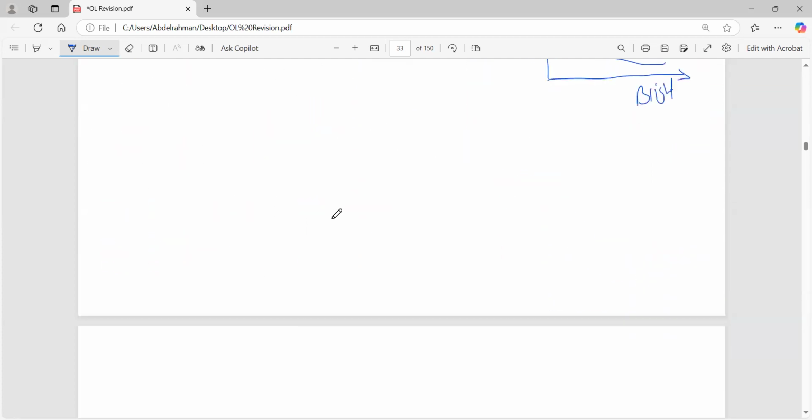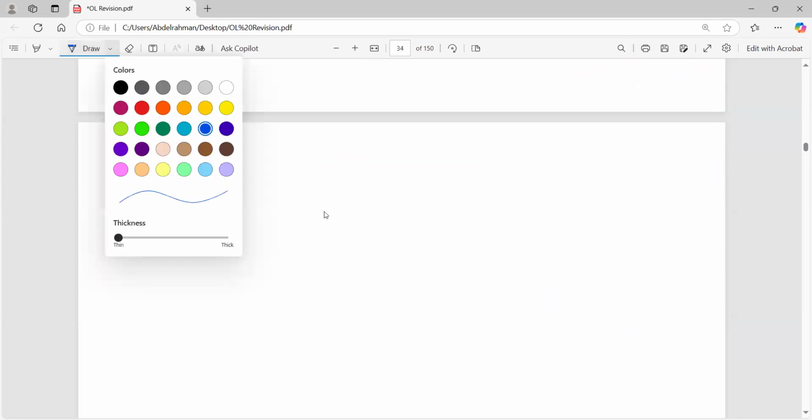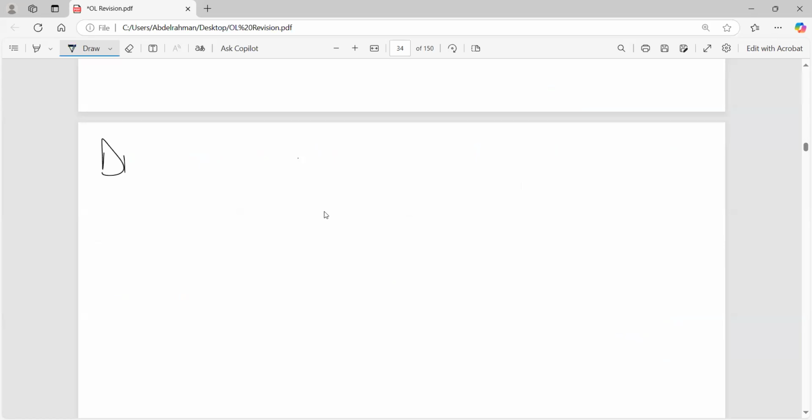Again, what other components do we have? We have another very important component, which is a diode. How do I draw this diode? A diode is something like this.